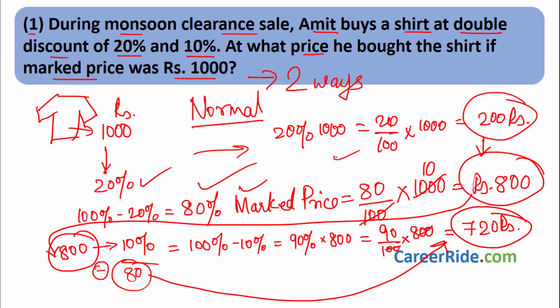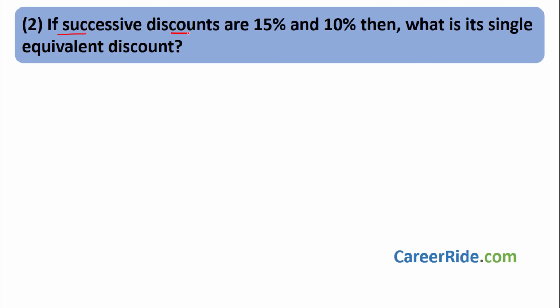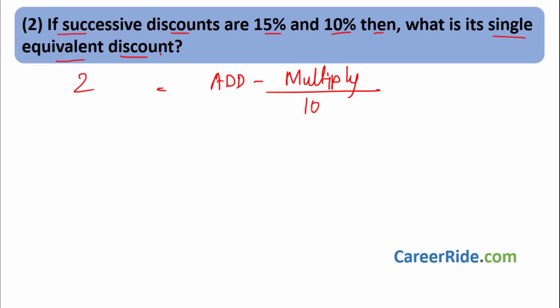Moving to question number 2. If successive discounts are 15% and 10%, then what is its single equivalent discount? Now what tip have we seen? The single equivalent discount of two successive discounts is nothing but add, minus multiply, divided by 100.